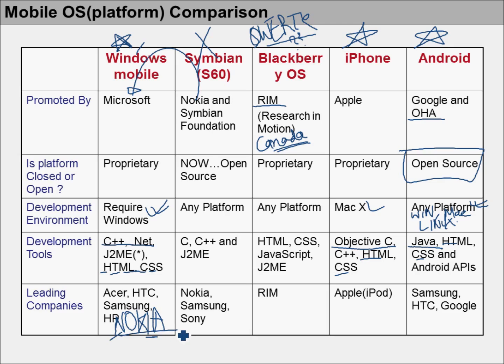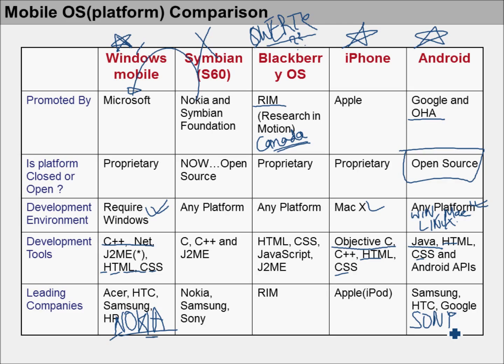Android is done by a lot of companies like Samsung and HTC. Google has bought over Motorola's mobile division, so now Google will also be manufacturing and shipping handsets with the Android operating system. Sony also does that, and a lot of other mobile handset manufacturers do this.